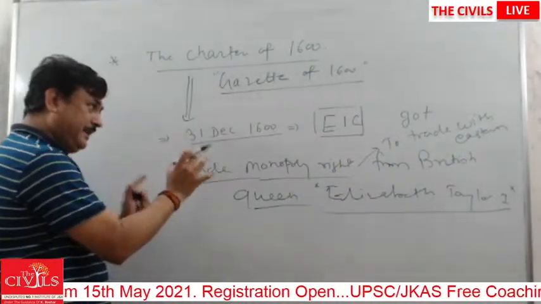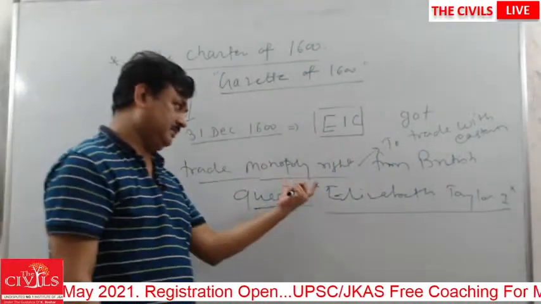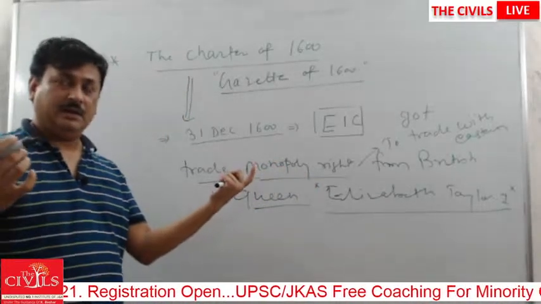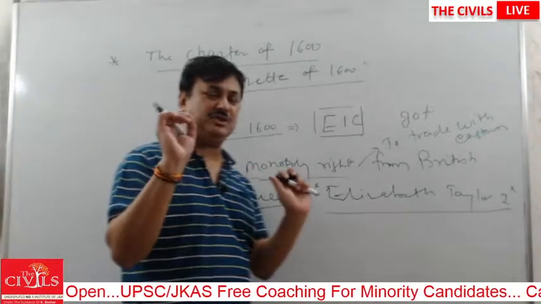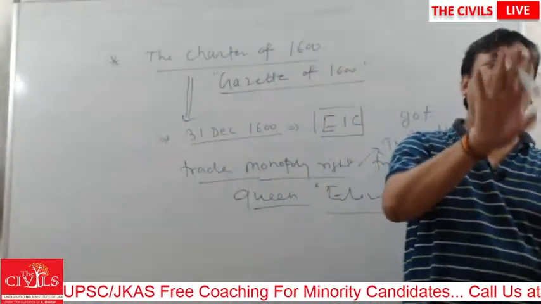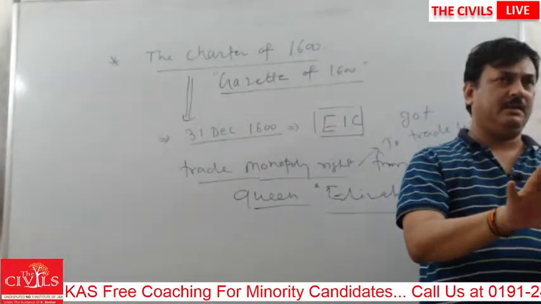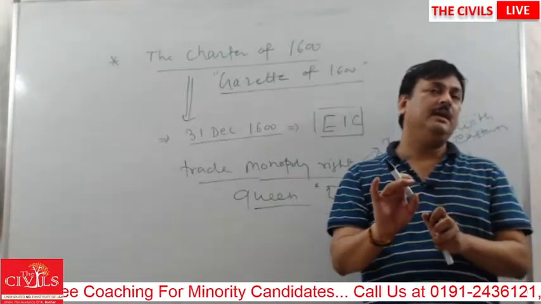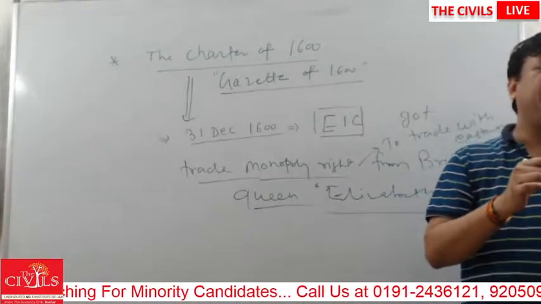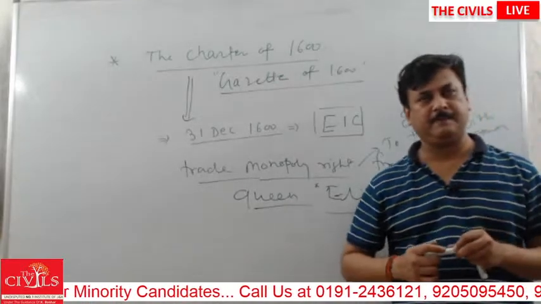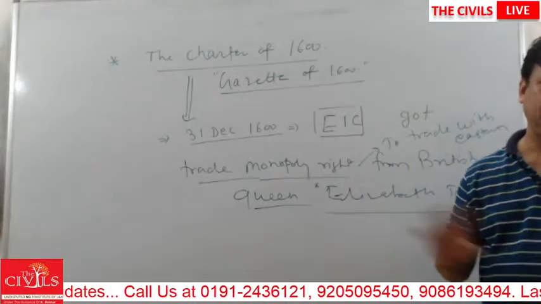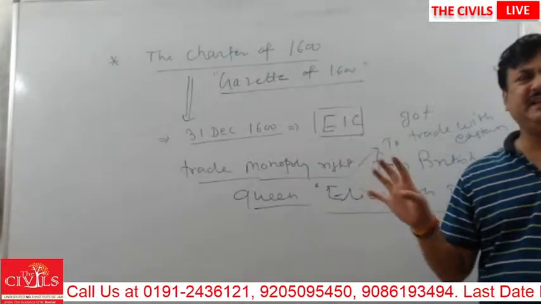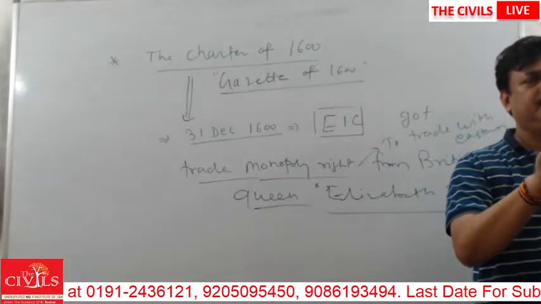Okay, the company got trade monopoly rights, meaning no other company would be provided a license to trade with the Eastern world. It was clearly mentioned in that charter that only the East India Company could.